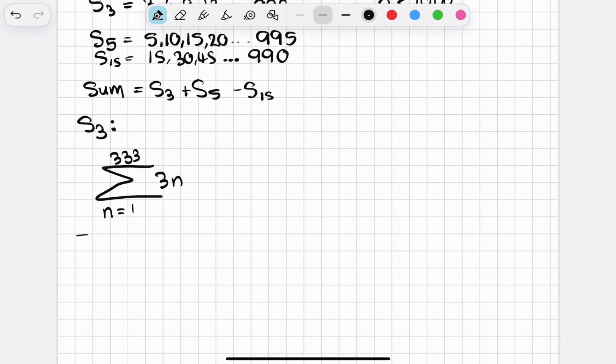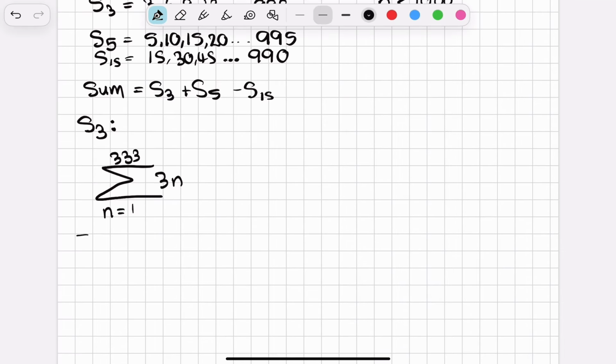Here we can factorize out the 3, so we've got 3 times the sum of n from n equals 1 to 333. And this part here is just the sum of natural numbers up to 333. So that's 3 times 333 times (333 plus 1) all over 2. So that's 3 times 333 times 334 divided by 2, let me just evaluate that on my calculator.